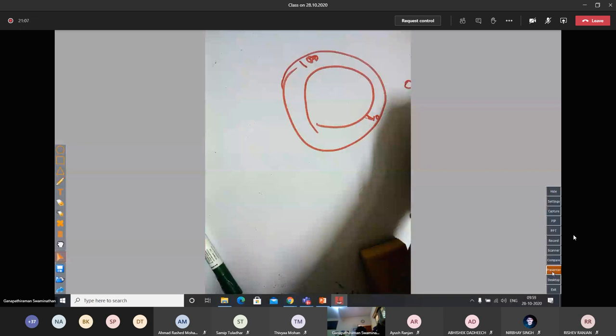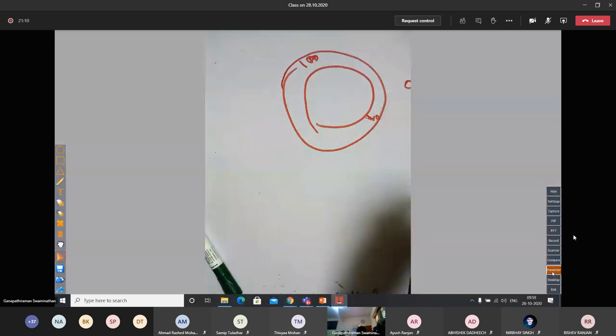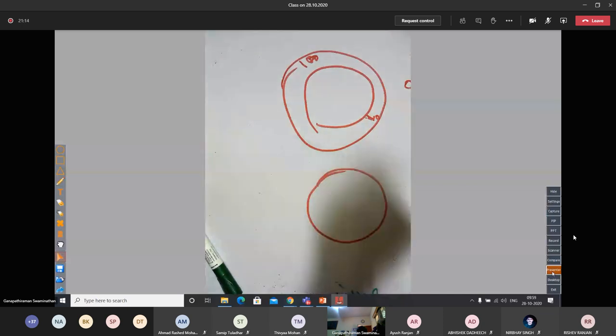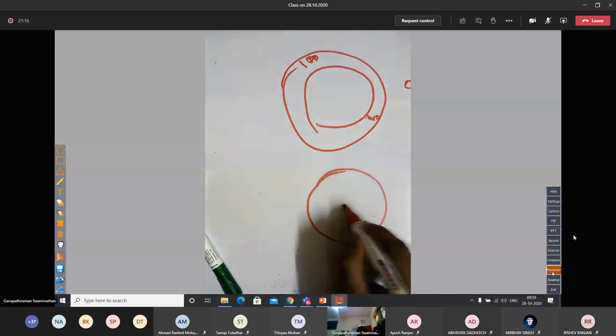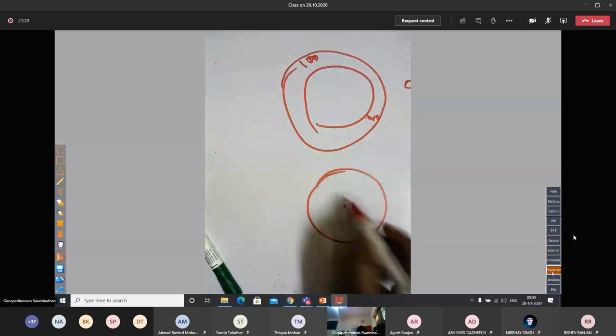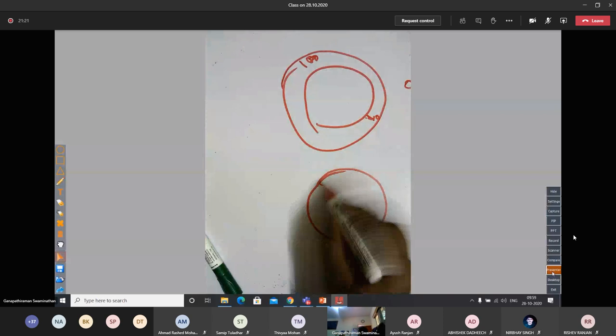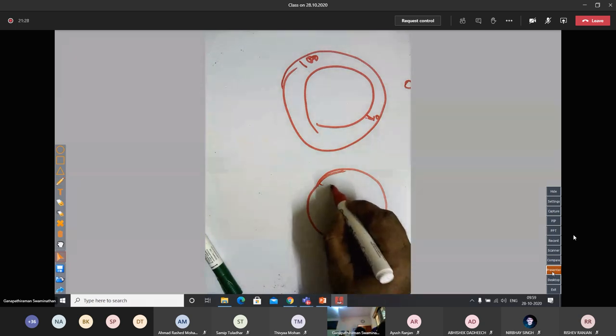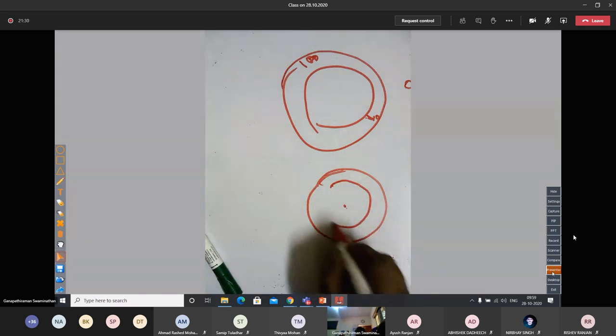On a vertical plate you have a scale, no? You have to answer from your common sense. What will be the value? On the vertical plate also you have a vernier.